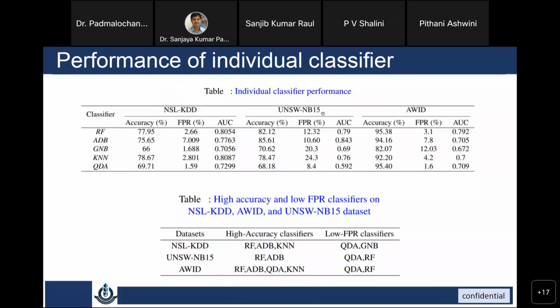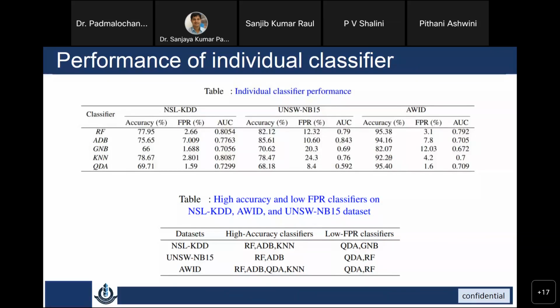But with UNSW NB15 and AWID, you can see that accuracy is higher, especially for RF and ADB, as well as QDA for AWID, and the false positive rate is also low in AWID with the QDA classifier.